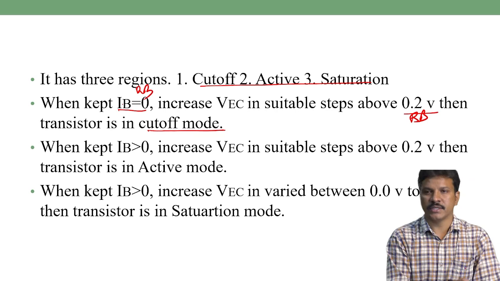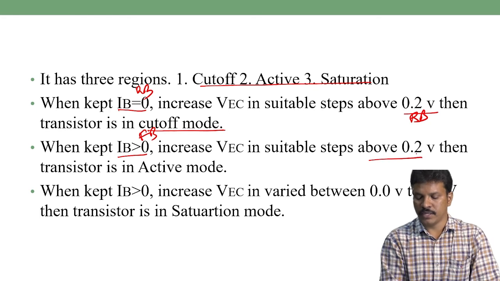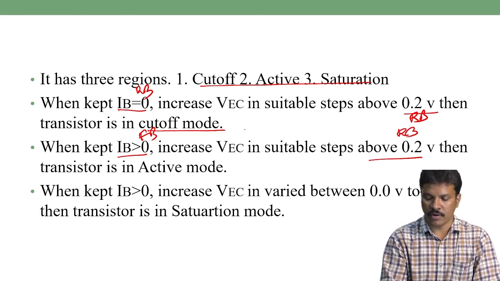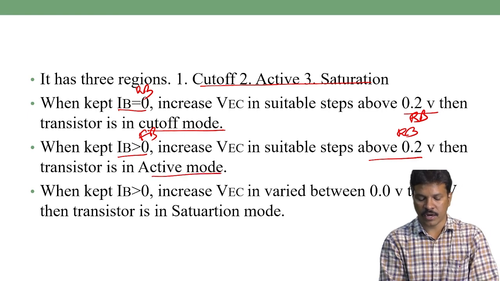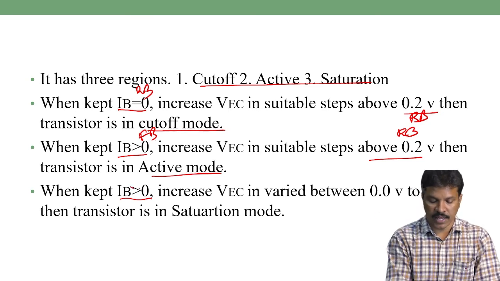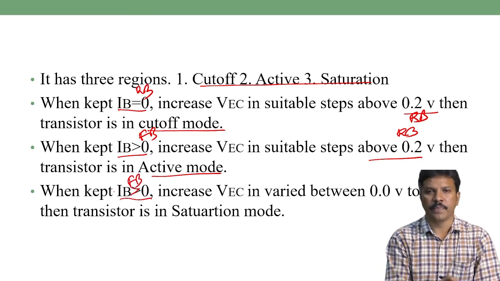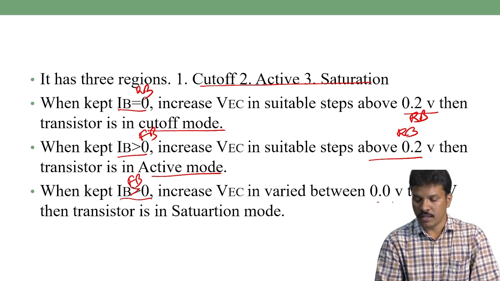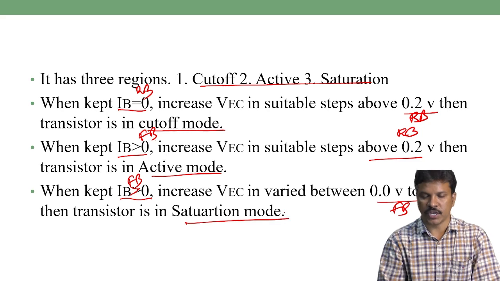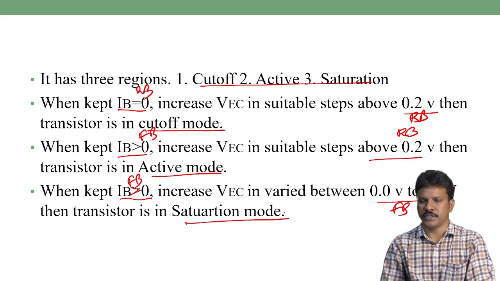IB greater than 0 is forward bias and VEC greater than 0.2 is reverse bias, which represents the active region or active mode. With IB greater than 0 forward bias and 0 to 0.1 forward bias, both forward biased, it is in saturation mode or saturation region.